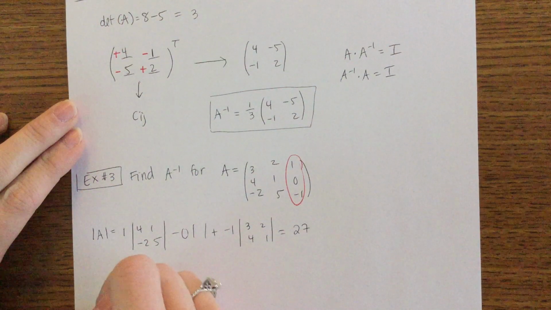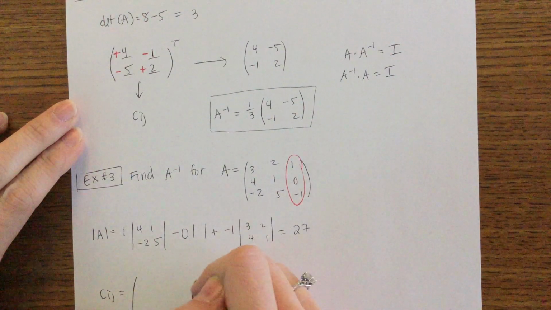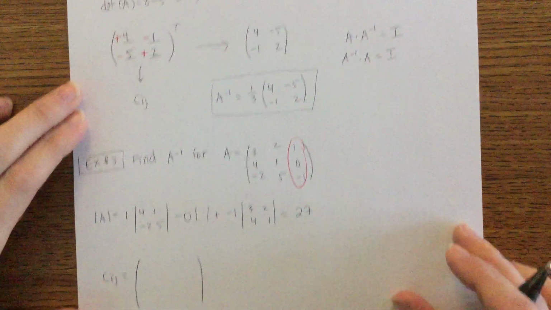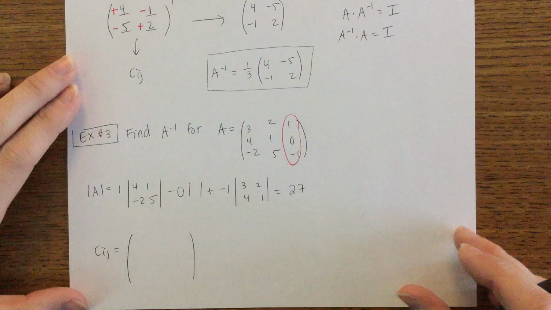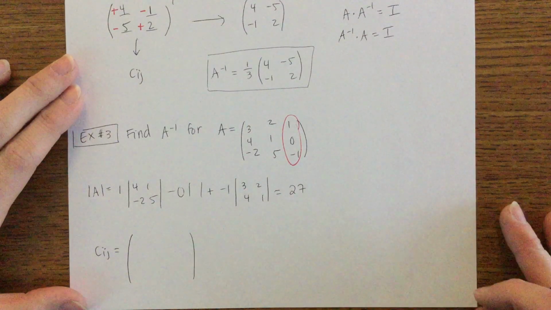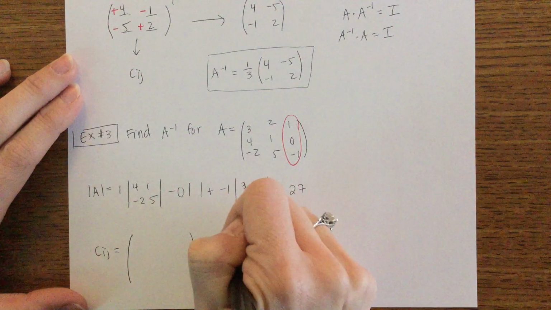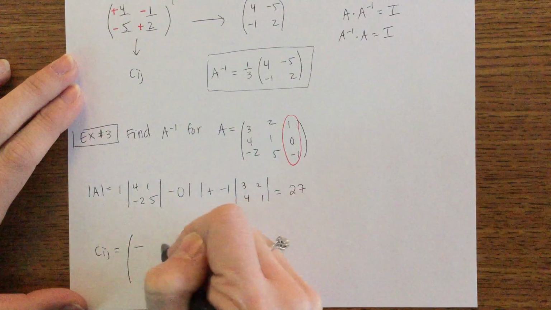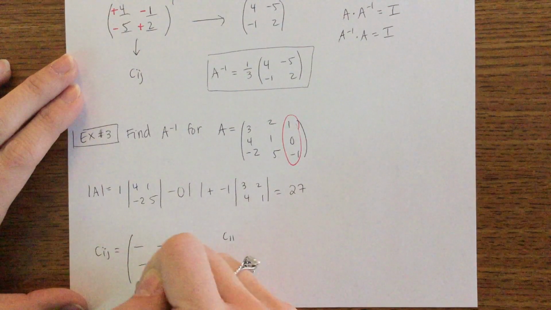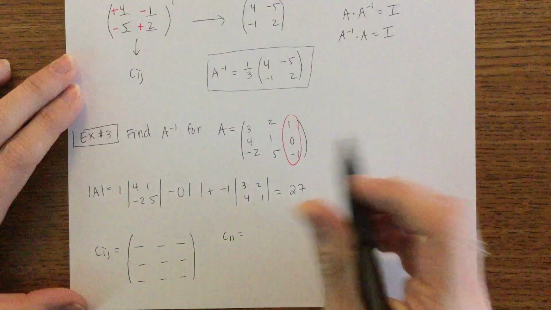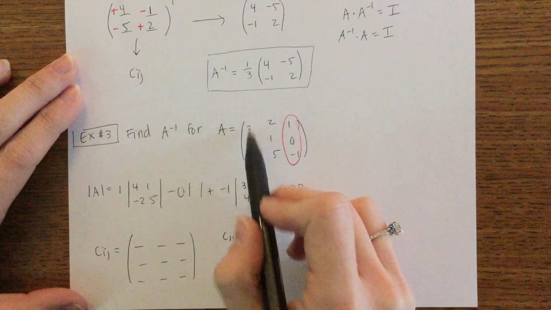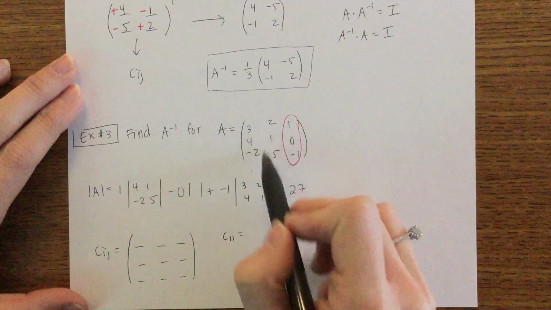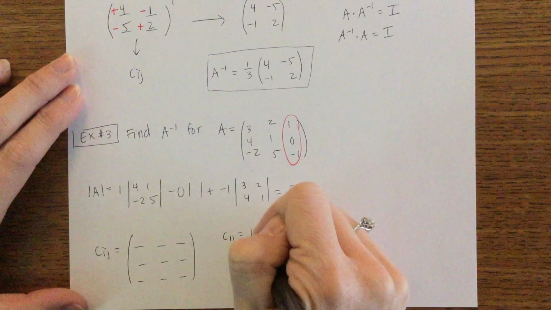So then we're going to get our C matrix next. It's going to be a 3 by 3. I'm going to help you find the first 2 terms, and then you're going to find the rest. If I want C of 1, 1, so I want the first component, I'm going to ignore that row, that column, and do the determinant of what's left.